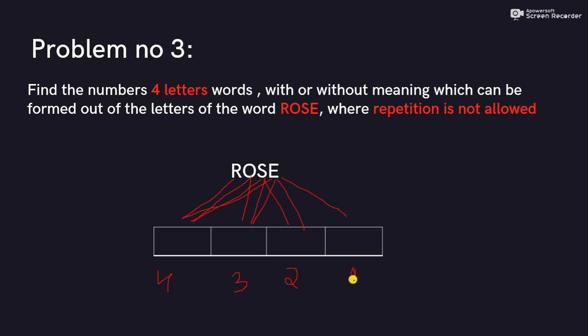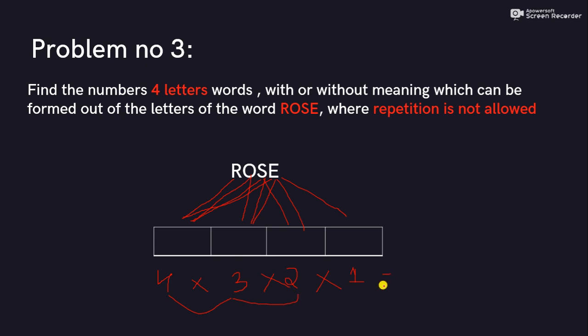Now the question is which principle we need to use here. Here we are selecting all the events, so we need to use the multiplication principle, and the total number of four letter words that we can form using the word ROSE is 4 into 3 into 2 into 1, that is 4 times 3 is 12, 12 times 2 is 24.